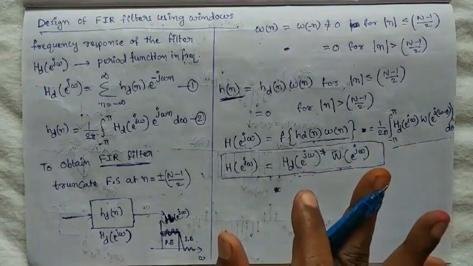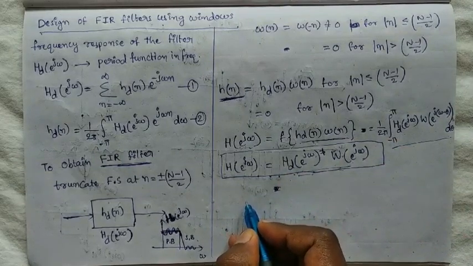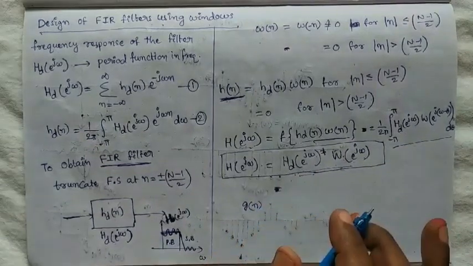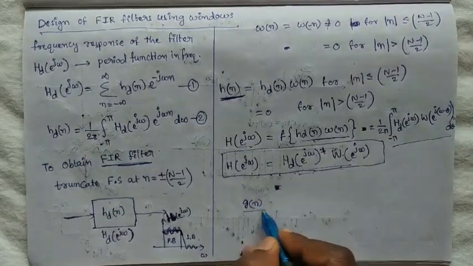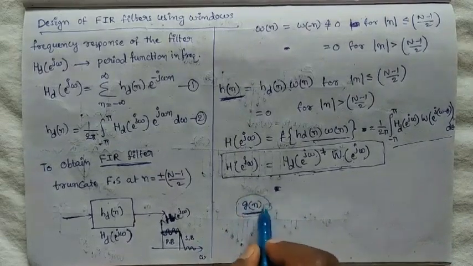Causal sequence it is. Here, how to obtain the impulse response of the FIR filter? I am considering that the impulse response is g of n. How to obtain this g of n?